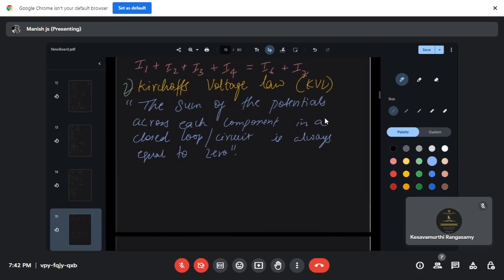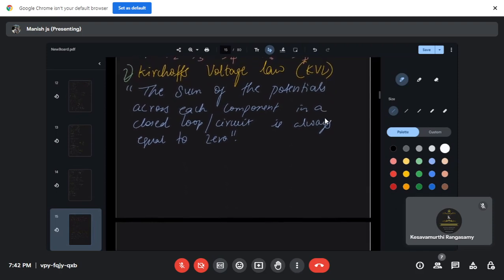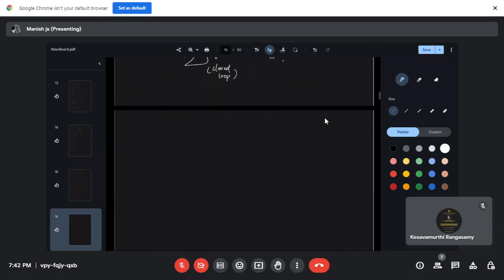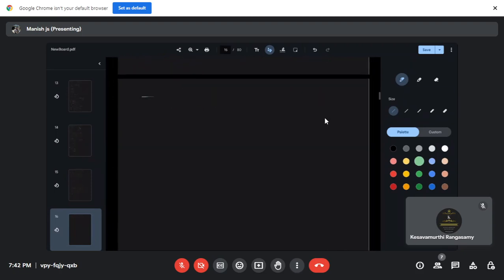Now I'll give you a simple example. First I'll write the general expression: sigma V inside a closed loop is equal to 0. Sigma means summation. So I'll just give you a simple circuit.